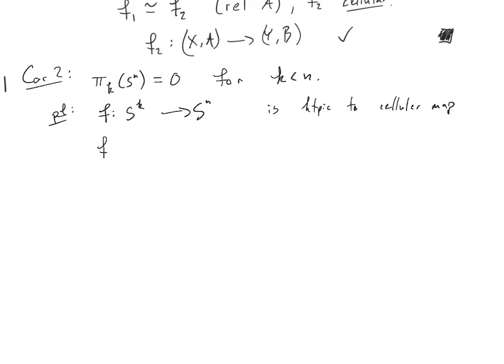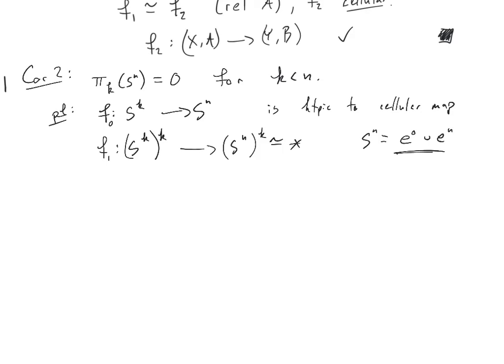And so that new map, let's call this F0, F1, is mapping from S^k. Well, S^k is its own k-skeleton, and it will map into S^n's k-skeleton, but S^n's k-skeleton is just a point, because S^n is just that 0 cell union an n cell.